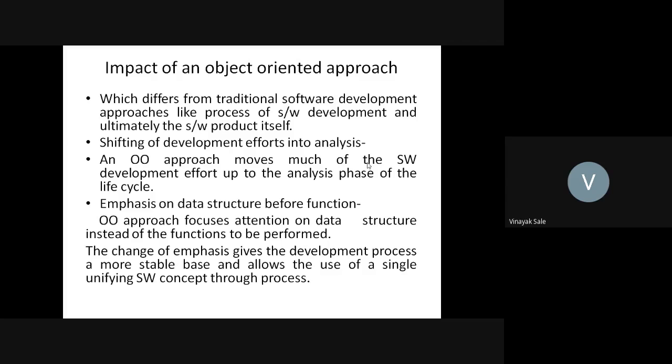Emphasis on the data structure before the function: the object-oriented approach focuses attention on the data structure instead of the function to be performed. The change of emphasis gives the development process a more stable base and allows the use of a single unifying software concept throughout the process.